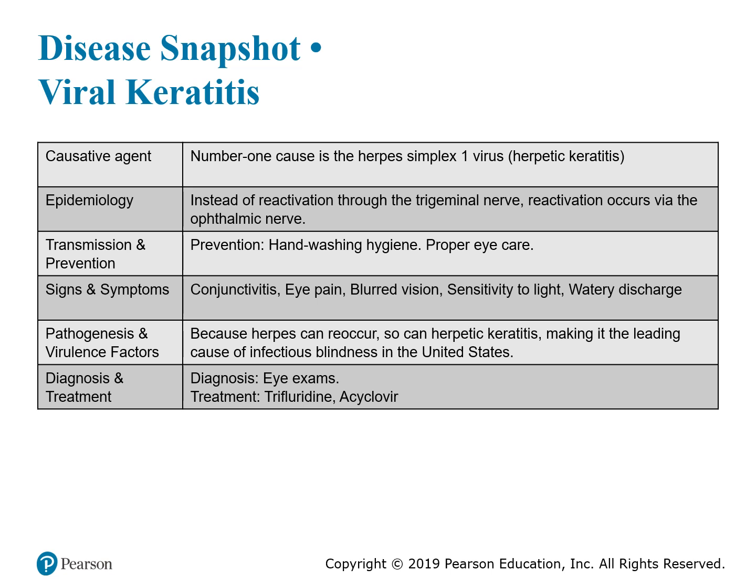With this particular infection, instead of reactivation through the trigeminal nerve, which is the nerve that runs from behind the ear throughout the face, the three branches of the face, this will actually reinfect within the optic nerve path and will cause problems within the eye, like conjunctivitis, eye pain, blurred vision, and sensitivity to light. This also can be very painful.